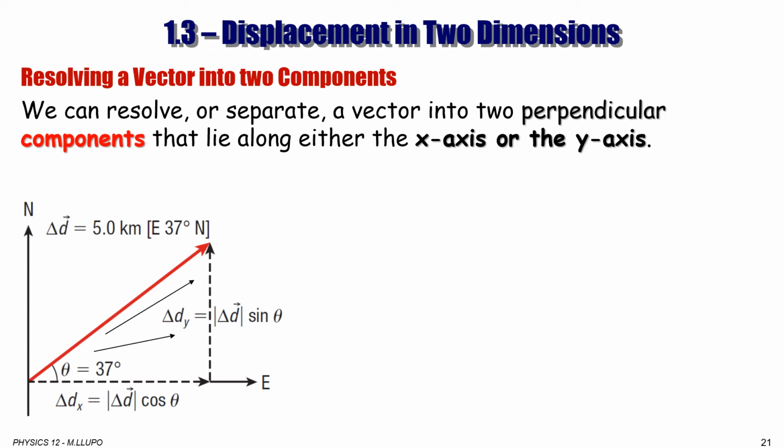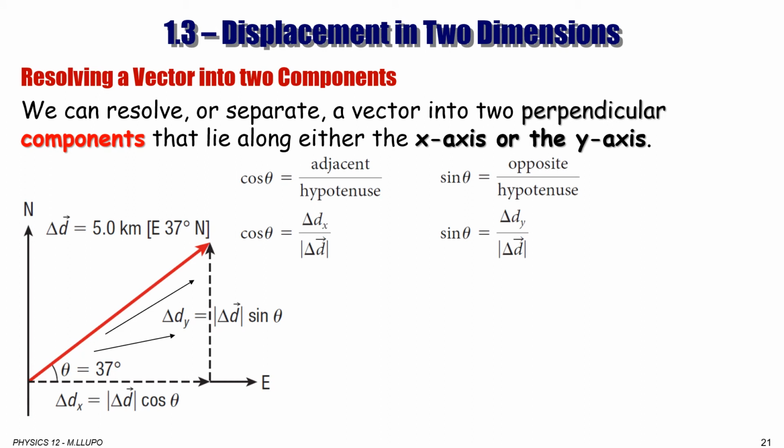I want you to pause the video right now and try to find those two components, delta dy and delta dx. Remember, it's 5 kilometers sine 37 and 5 kilometers cosine 37.